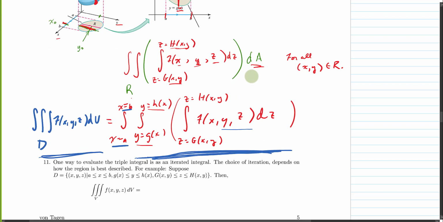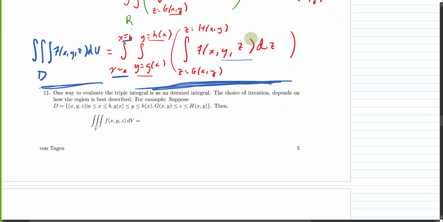Okay, so what have I just summed up here? If you're able to, and this is the key part, this is 1 of 6 triple iterated integrals. But don't get bogged down by the fact that it's 1 of 6. Look at how the region's described.